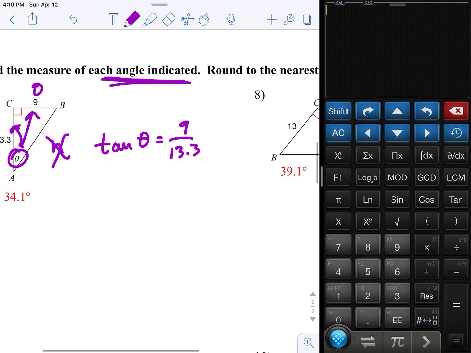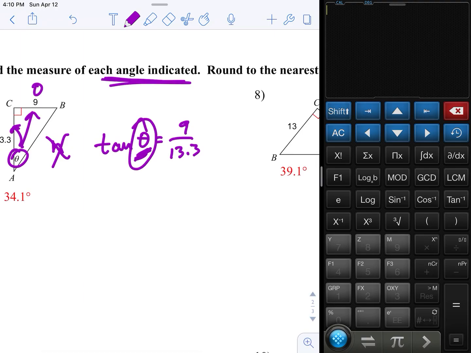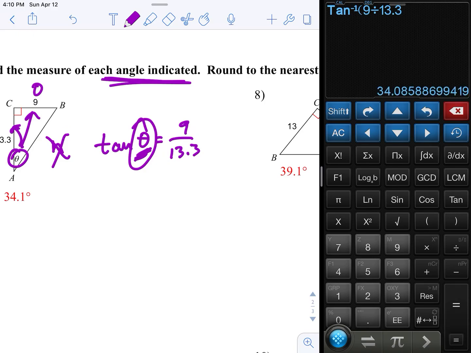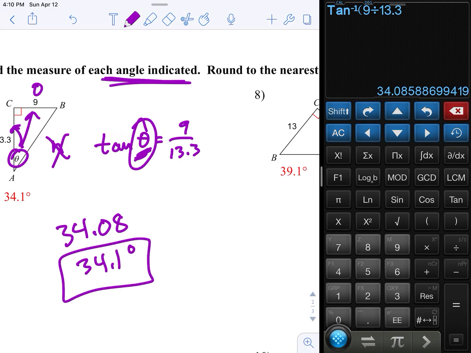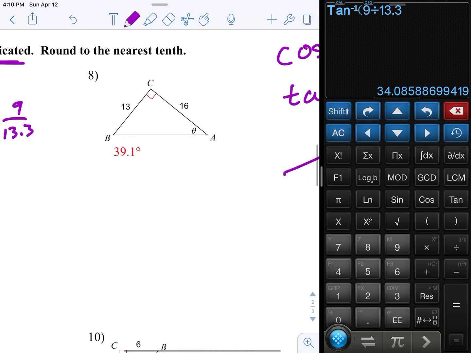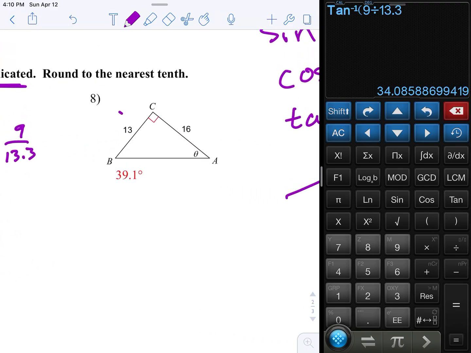So we're trying to find the angle. This is the missing angle. So second tangent, and then you just type it in, 9 divided by 13.3. 34.08, so 34.1 what? Degrees. You're calling it degrees because you're not finding a side, you're finding an angle. Opposite over adjacent.